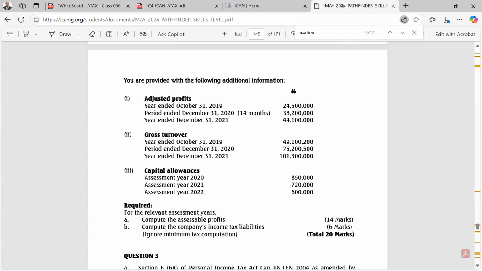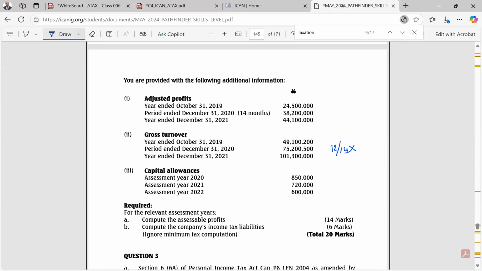So I want you to do 12 over 14 times this figure. Patricia, I thought you were asleep. So that's 64 million.